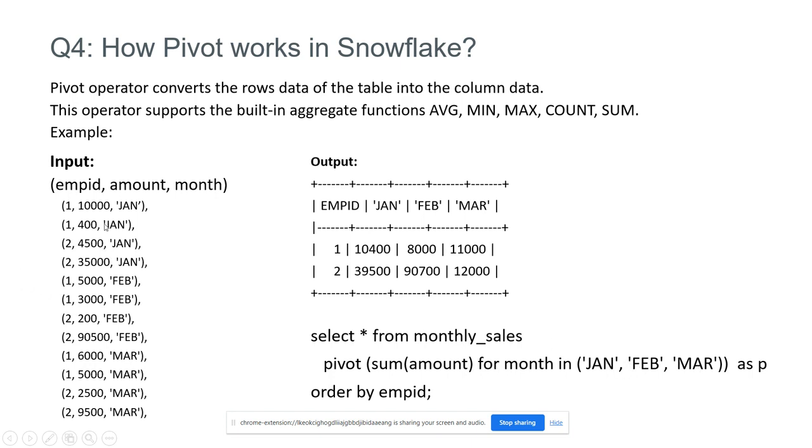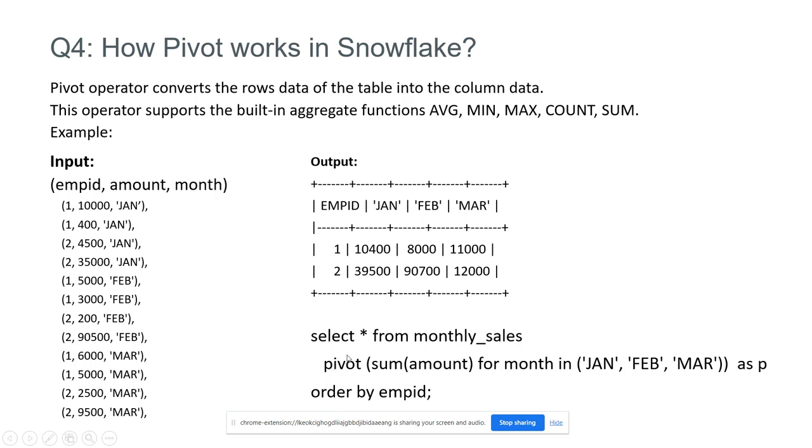If I have many months of data and want to see only January, February, March, I can mention whichever months I want to aggregate and see. Pivot of sum of amount: whichever column we want to calculate the aggregate function on, and for month in whichever months I want to see, that aggregated amount as P. I am putting one alias name P, order by employee ID.